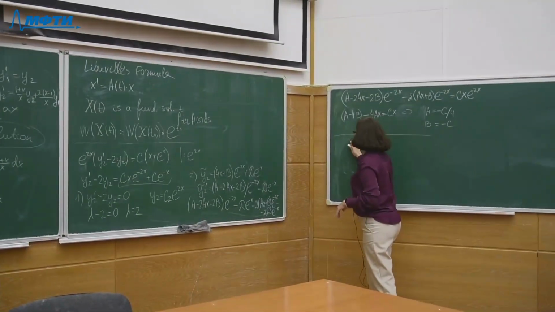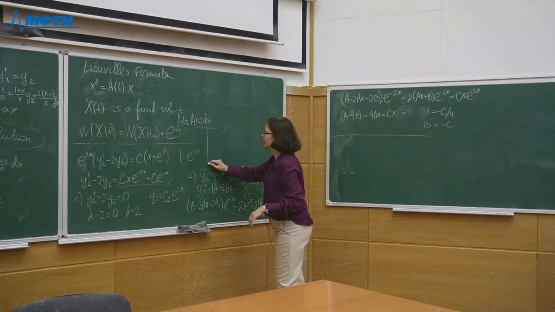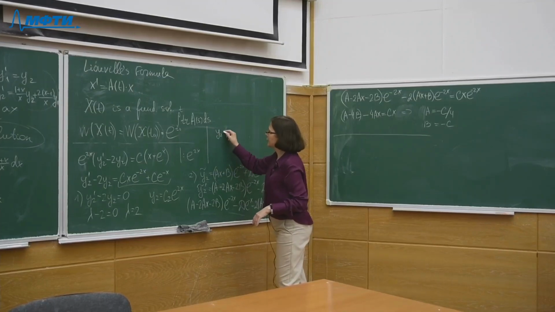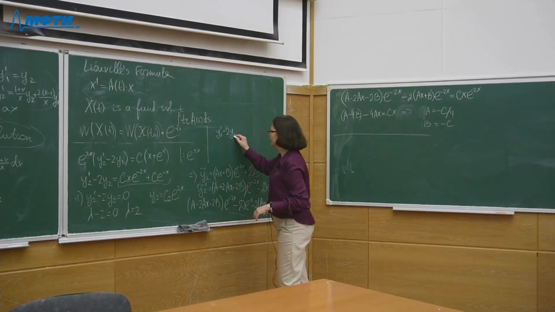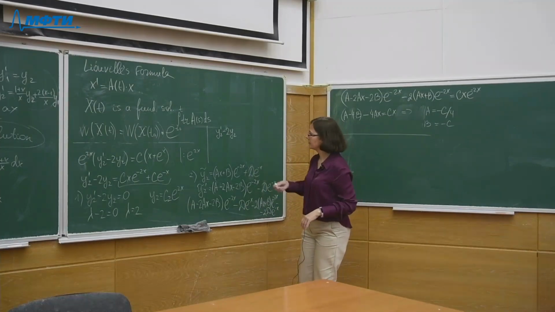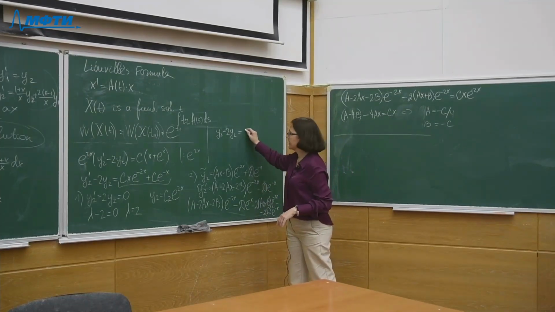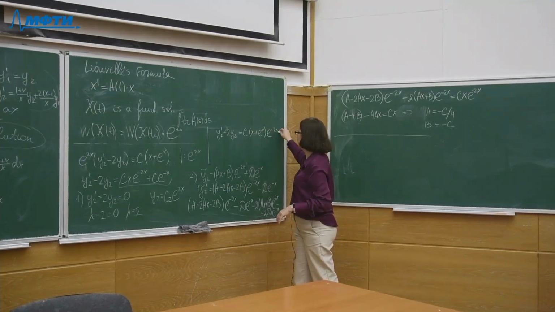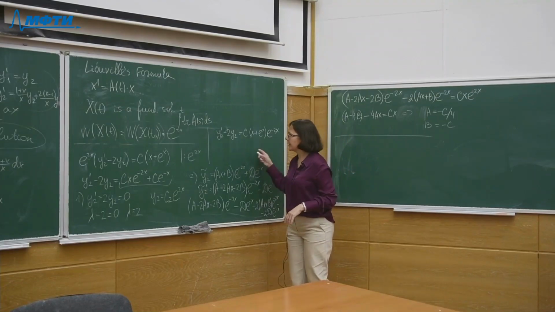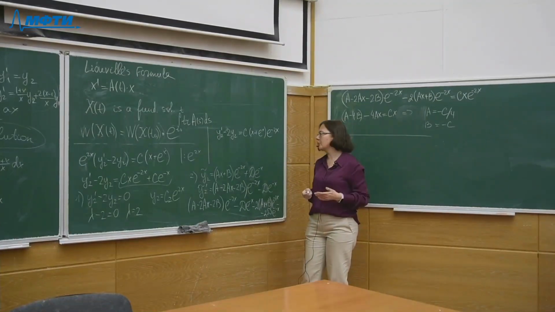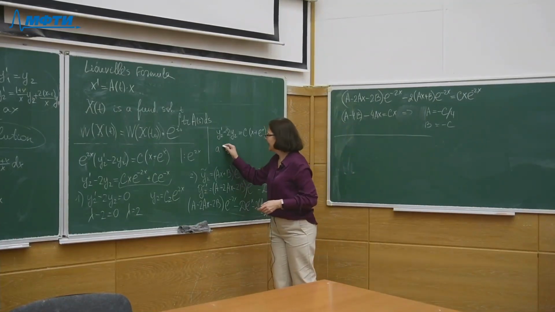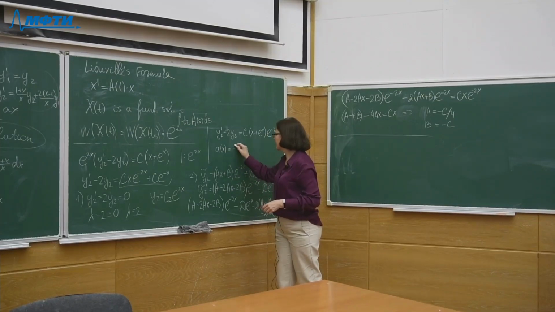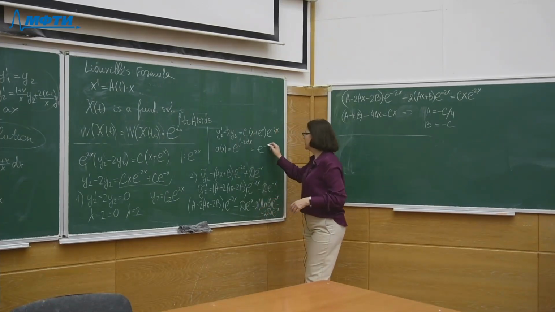So if we want to solve something like y2 prime minus 2y2 equals c times x plus e^x e^(-2x). Maybe instead of this, it's better to find the integrating factor a(x), which is equal to e to the integral of negative 2 dx. So e^(-2x).